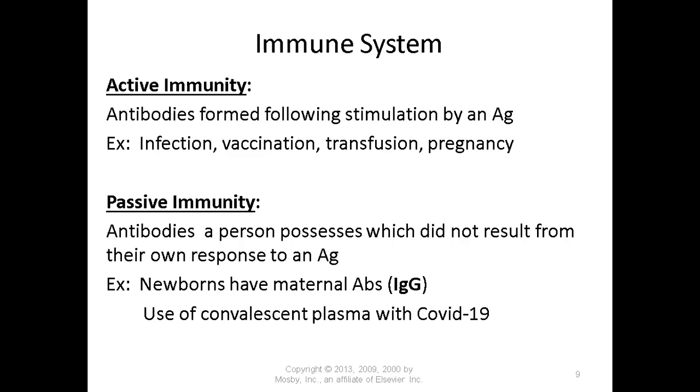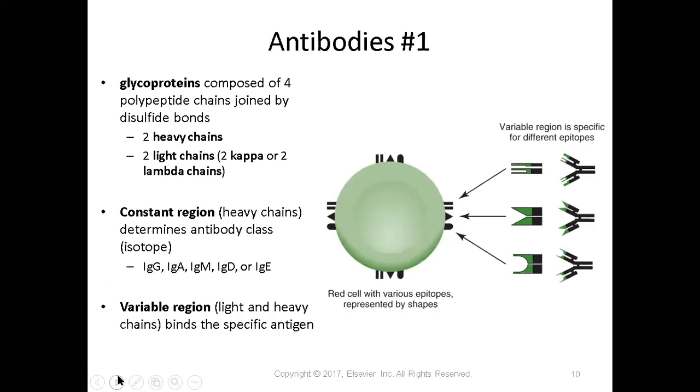There has been some success with the use of convalescent plasma in helping to cure some people who have had very serious infections. Hopefully it makes sense to you that this would be passive immunity as well, because that person who's very sick in the hospital is getting this plasma that already has antibodies against the virus in it. So they are not necessarily making their own at this point. It's not to say that they won't make their own down the road, but for now, we're giving them some of the antibodies.